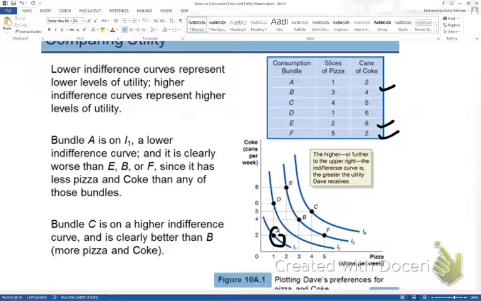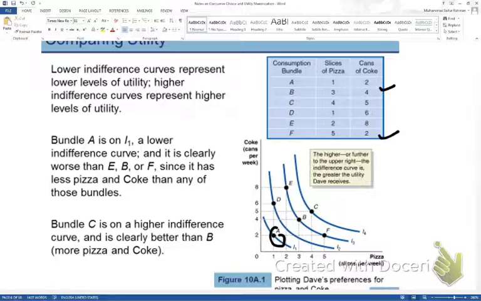I apologize, I want to take E out of this discussion for the time being. So F makes sense because F has more of at least one of the goods, which is the pizza, than A. So F probably gives the consumer more utility than A.